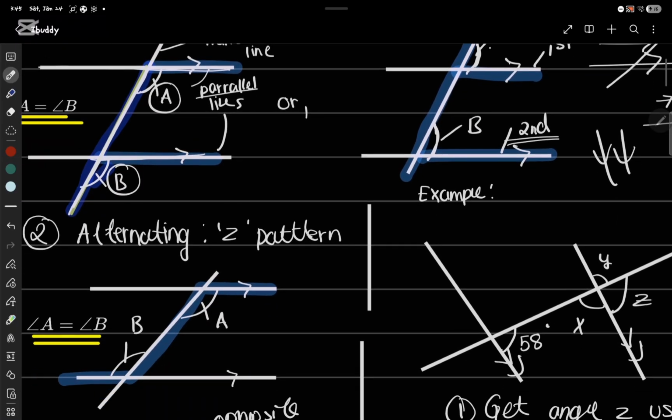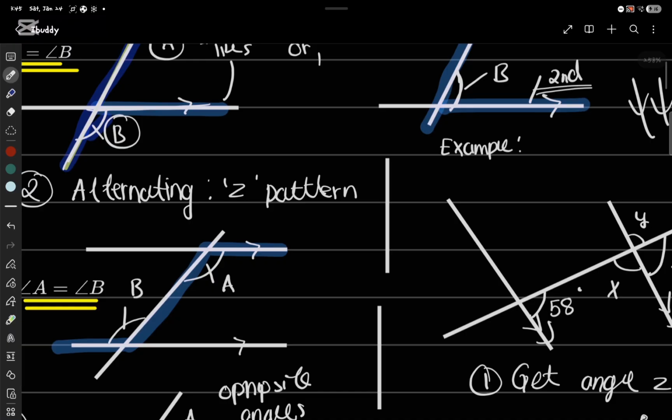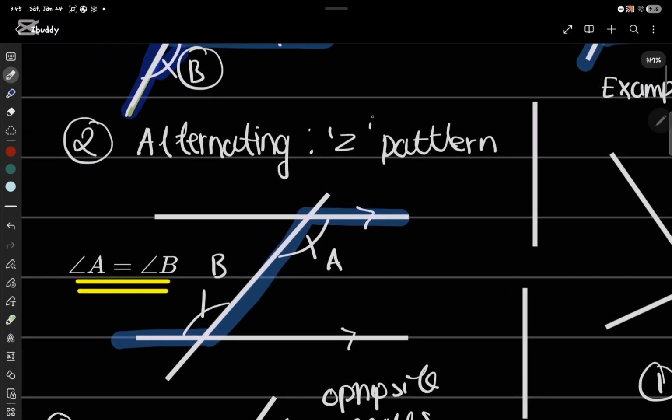So our second angle property would be alternating angles, and it's often called the Z pattern.